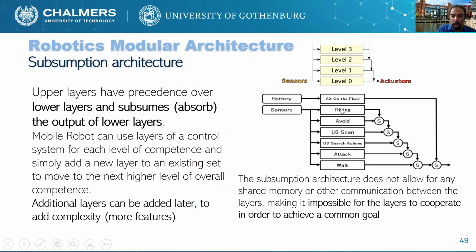And each higher level is superior to the lower level, in the sense that if attack wants to act on the robot, it will subsume walk. It will nullify or stop the action of walk and do the attack. Same thing for the intelligent function above it. It can subsume the layers before it. This is why you see this feedback here that will reset the action of the lower level until you get the highest command.